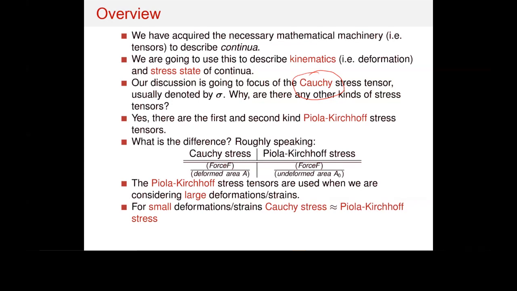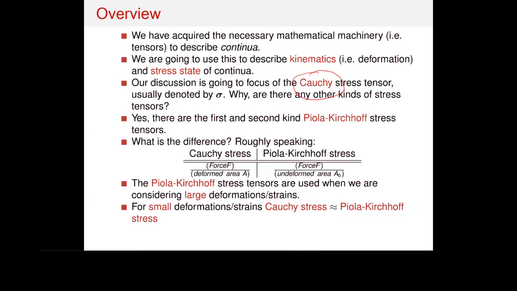In aerodynamics, they would probably need to use the Euler-Kirchhoff stress tensor, the first order and the second order, and you have other types of stress tensor.